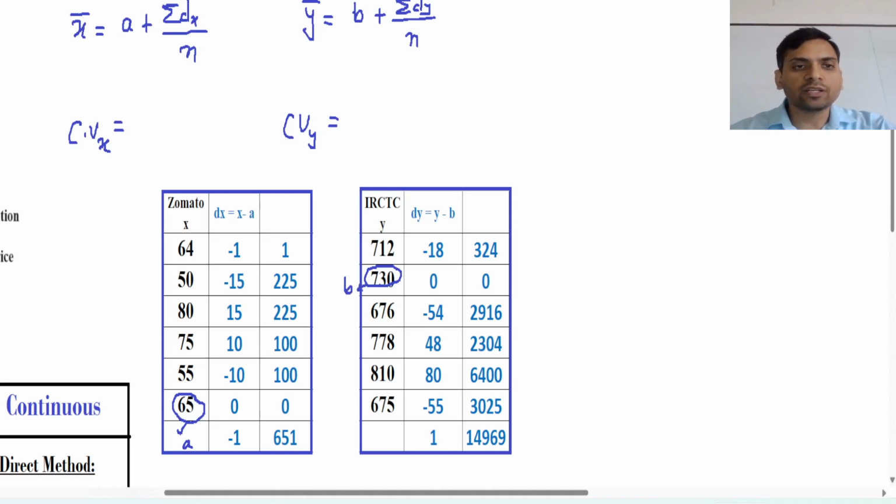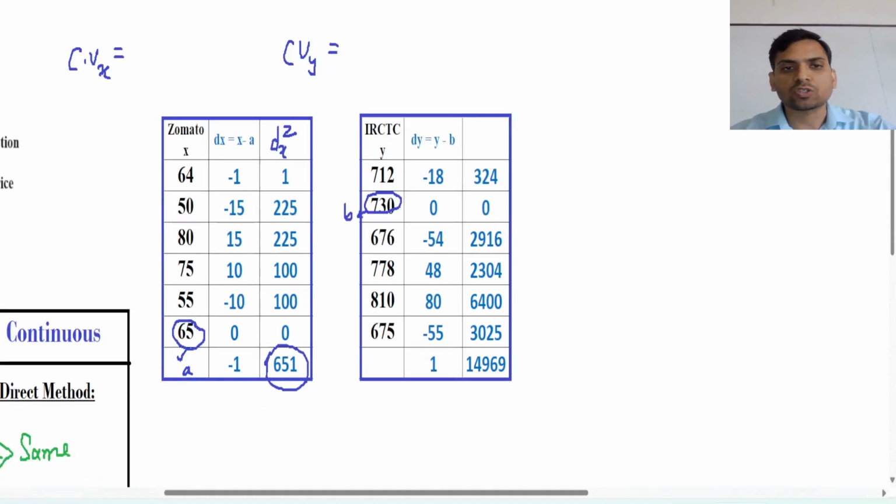So 64 minus 65 is minus 1, that is dx. Then the second column is dx square, with the summations of dx square and dx. For the second, 730 is b, so 712 minus 730 is minus 18.